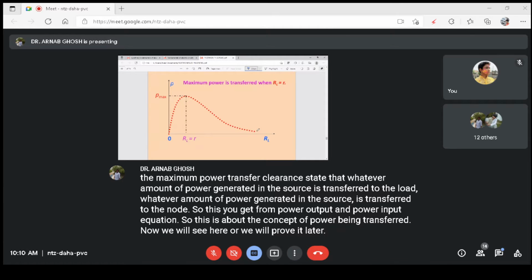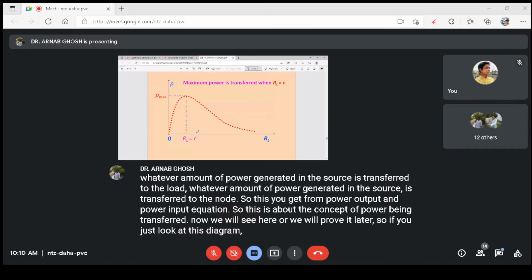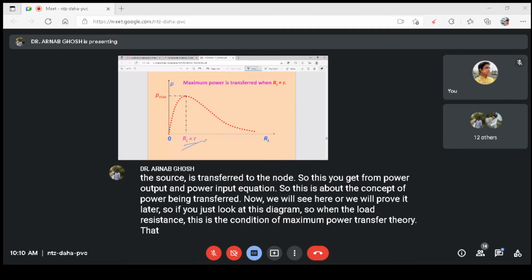So if you just look at this diagram, this is the transfer theory: when the load resistance is equal to the internal resistance.